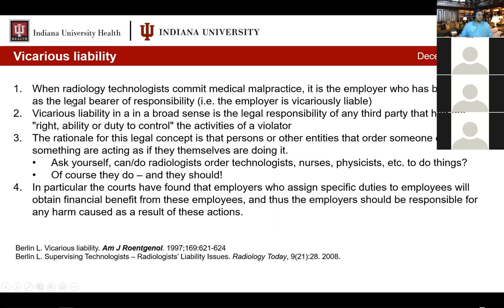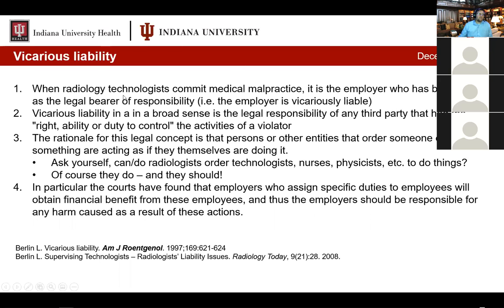But there are four points that he makes that I think are of importance in understanding vicarious liability. When radiology technologists commit medical malpractice, it is the employer who has been viewed as a legal bearer of responsibility, i.e. the employer is vicariously liable. In this case, when we're talking about the employer, of course, we're talking about the institution that employs the radiology technologist, i.e. the hospital.